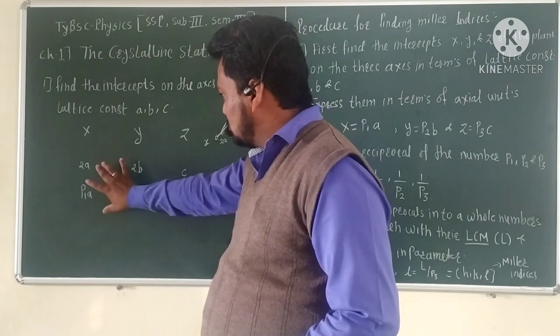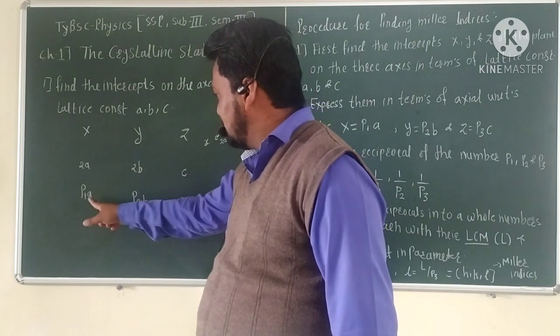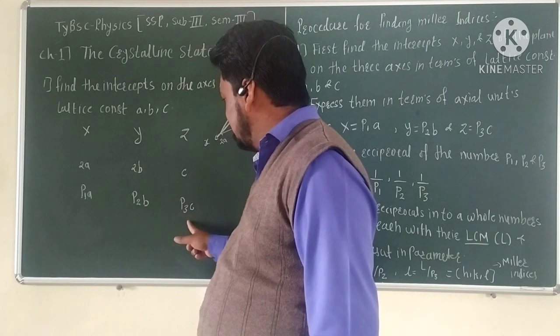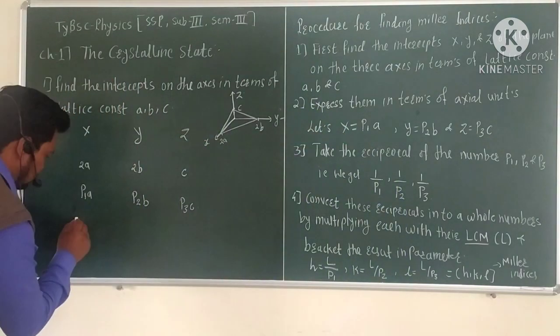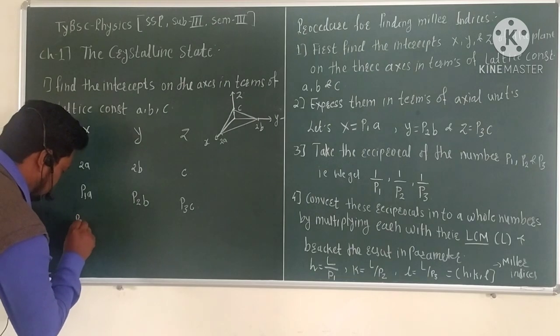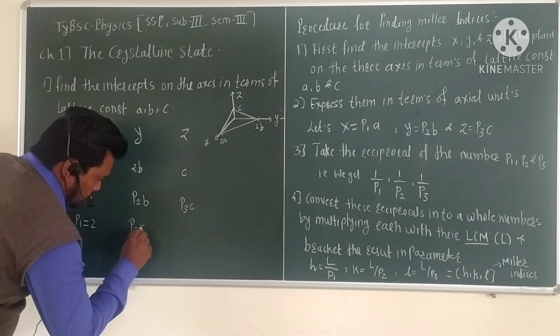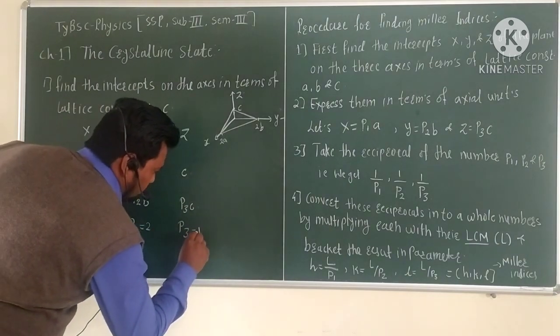So comparing this relation with this relation, the p1 value is 2, the p2 value is 2, and the p3 value is 1. So p1 is equal to 2, p2 is equal to 2, and p3 is equal to 1.